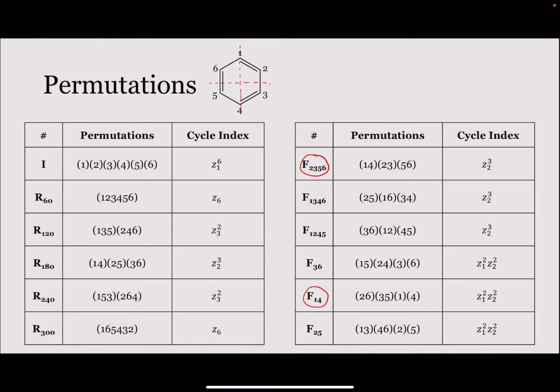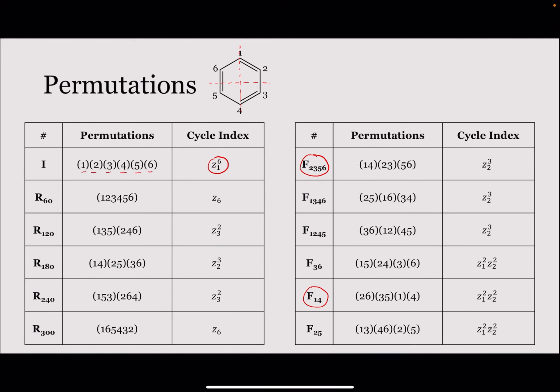Now, what we can see here is we can derive a cycle index for each of these operations. We write out these permutations in cycle notation, and our cycle index is an algebraic representation of our operation. For example, z1 to the 6 represents the fact that we have cycles of size 1, and we have exactly 6 of them.